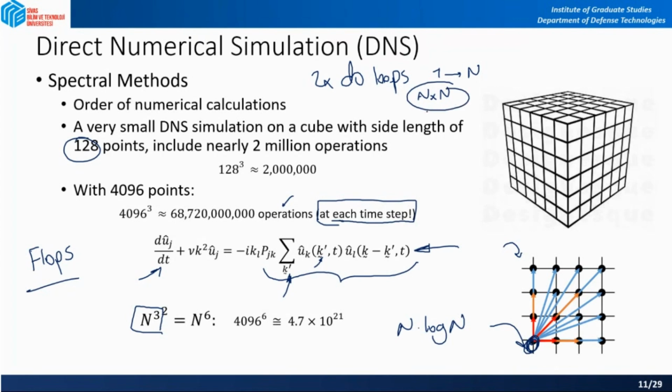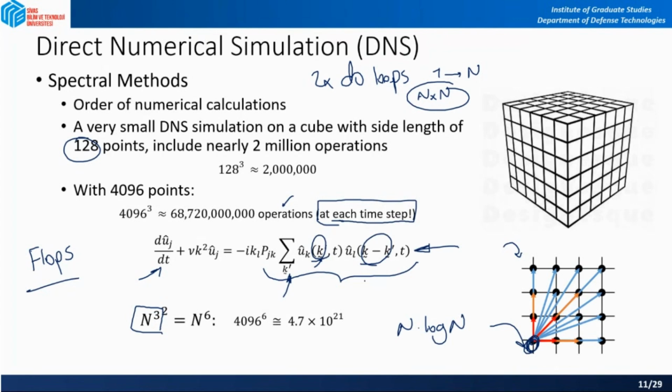So to simplify, in 2D you have n squared, and in reality, for 3D, you have n cubed. Looking at the equation that I wrote here, we are multiplying u of k prime by u of k minus k prime.